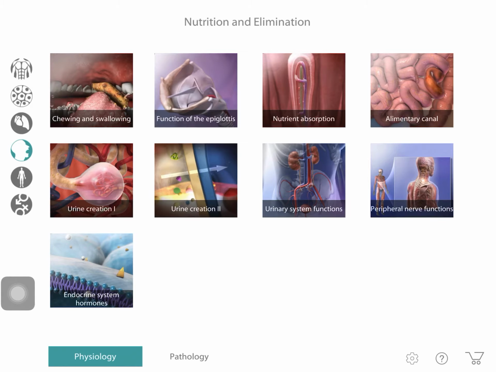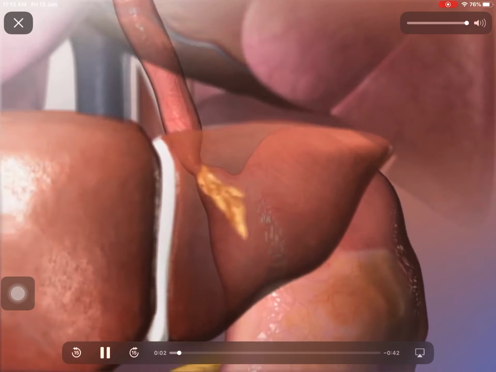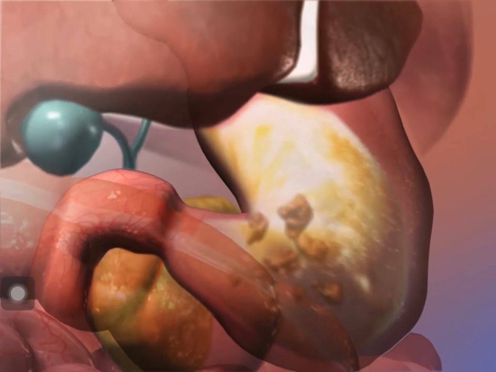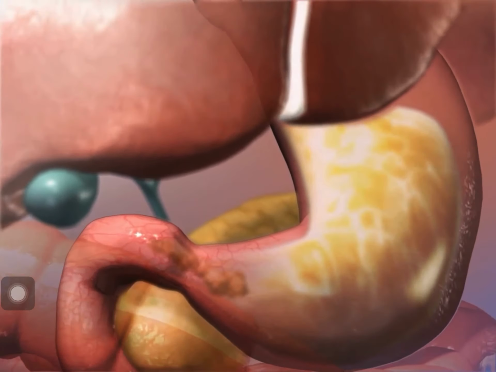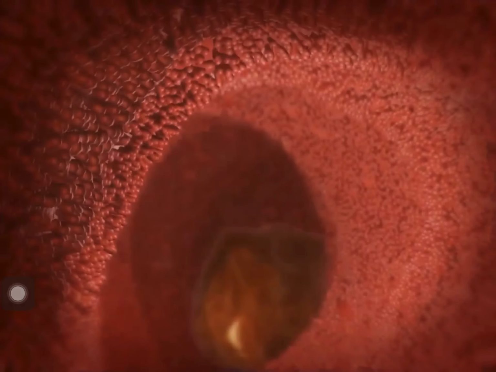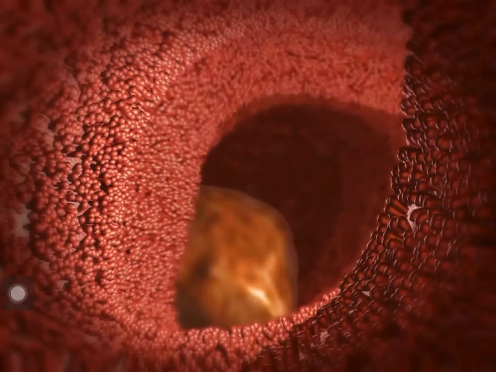Mechanical and chemical digestion in the stomach results in chyme. Peristaltic waves propel chyme through the pyloric sphincter into the duodenum of the small intestine. Finger-like projections called villi line the interior wall of the small intestine. Most absorption of nutrients from ingested food occurs through these.